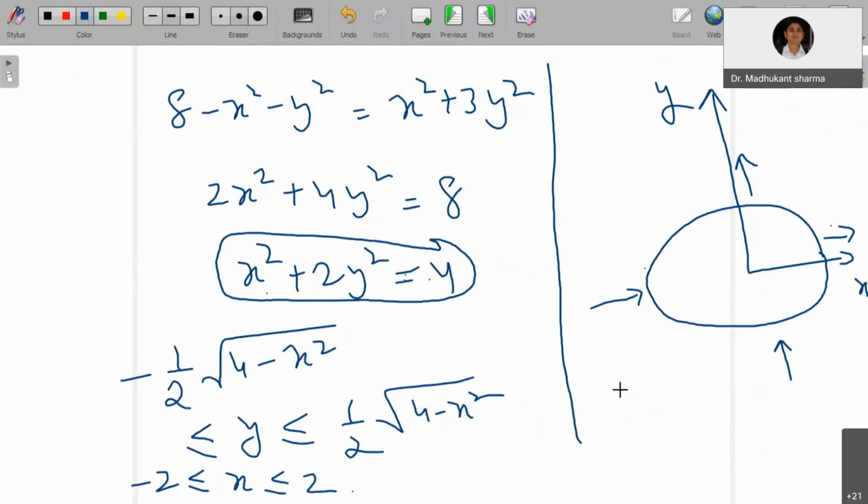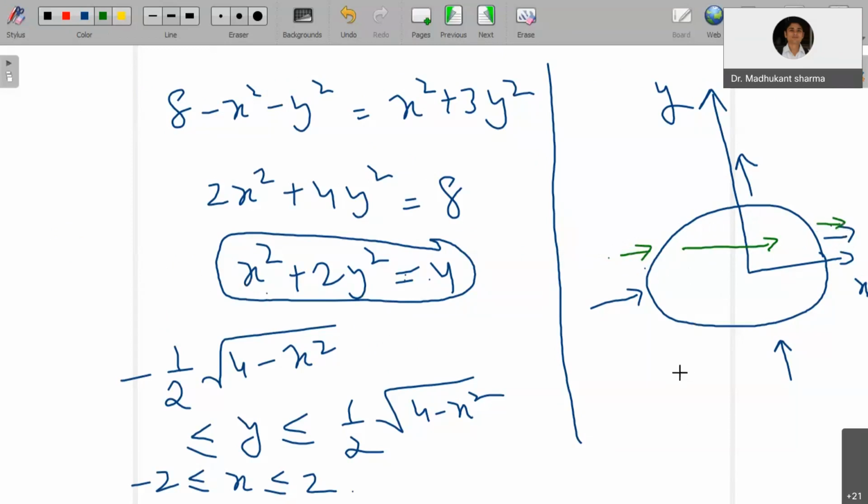Now, if you want to go for the x variable limits, you are drawing the line parallel to x axis. And you have to start from the negative side in the increasing direction, lower to upper. So it is entering from here and exiting from here.